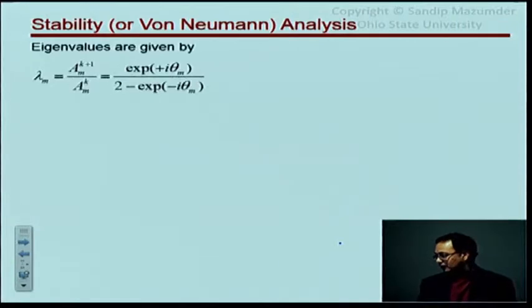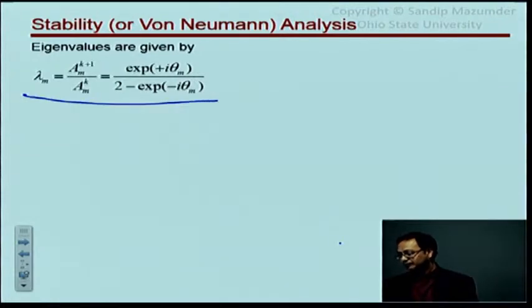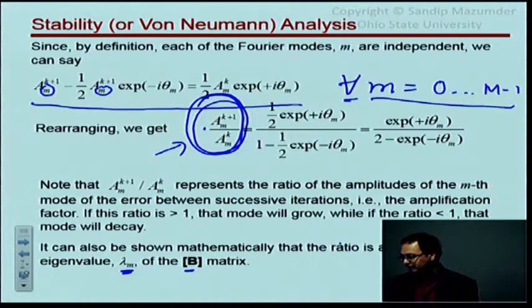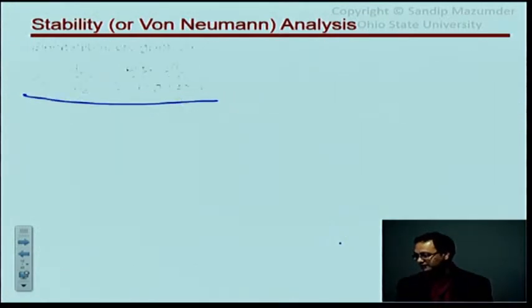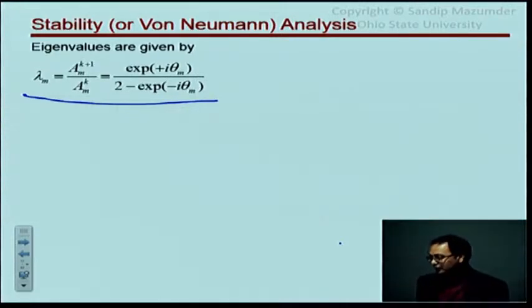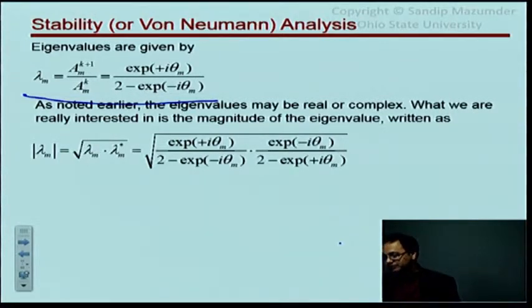Now let's proceed with the math and then we'll answer that question. So this is our eigenvalue that I have from the previous page. All I've done here is multiplied and divided by 2, so that instead of a half I have a nice expression. To calculate the eigenvalue, because this could be a complex number, you need to take the complex conjugate.